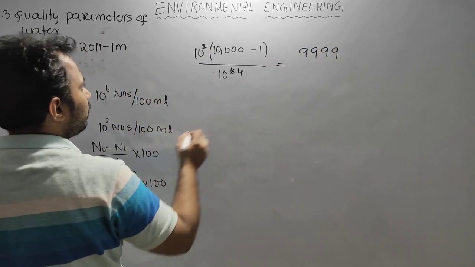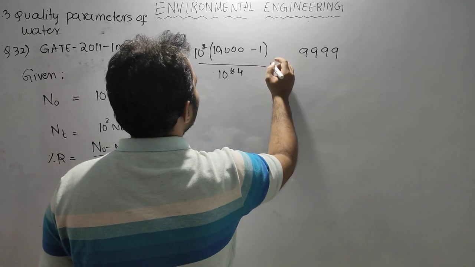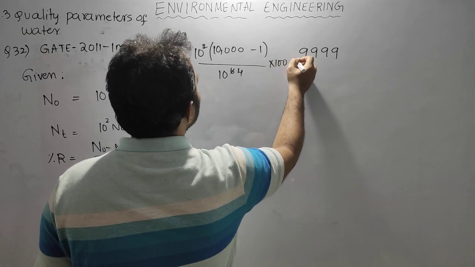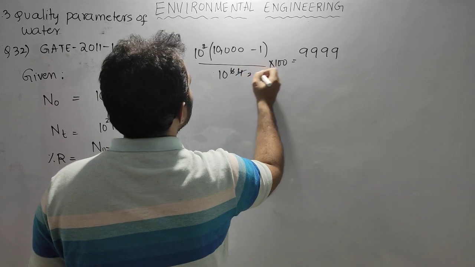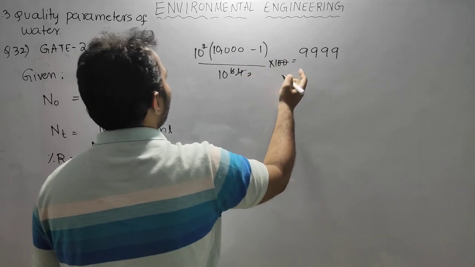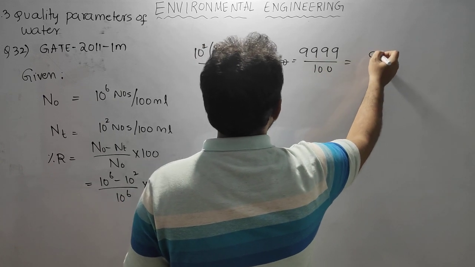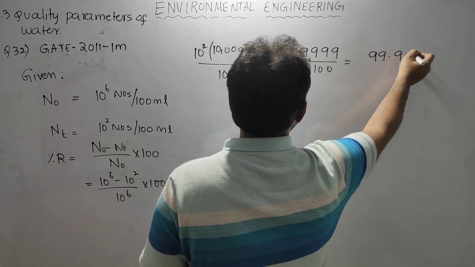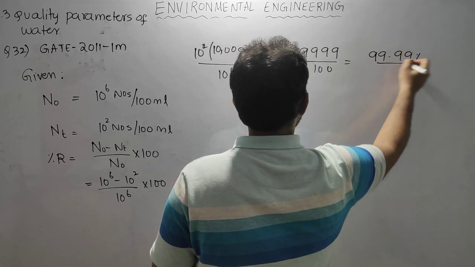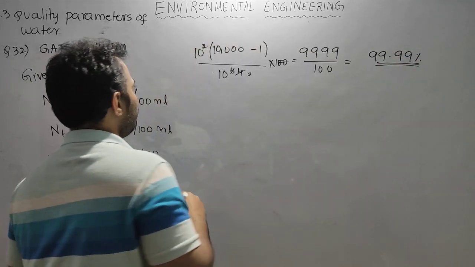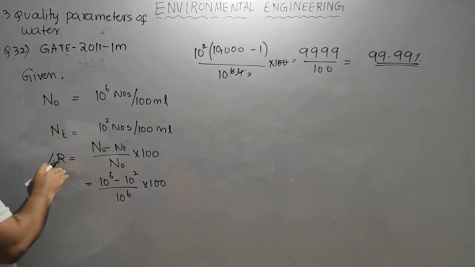So this cancels, and it is 9,999 by 100, which is 99.99%. This is the efficiency of the removal, the normal efficiency.